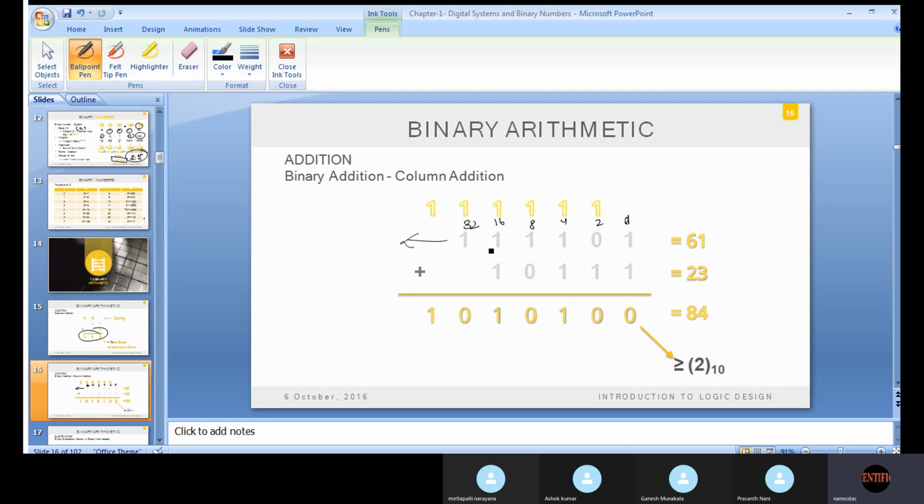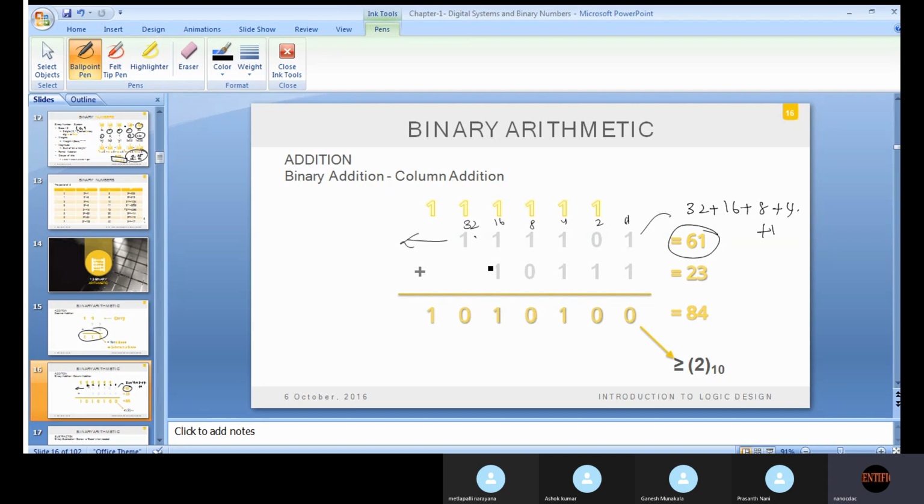Where are the 1s? 32 plus 16 plus 8 plus 4, and at position 1 there is a 0, plus 1. 32 plus 16 is 48, 48 plus 8 is 56, 56 plus 4 is 60, 60 plus 1 is 61.